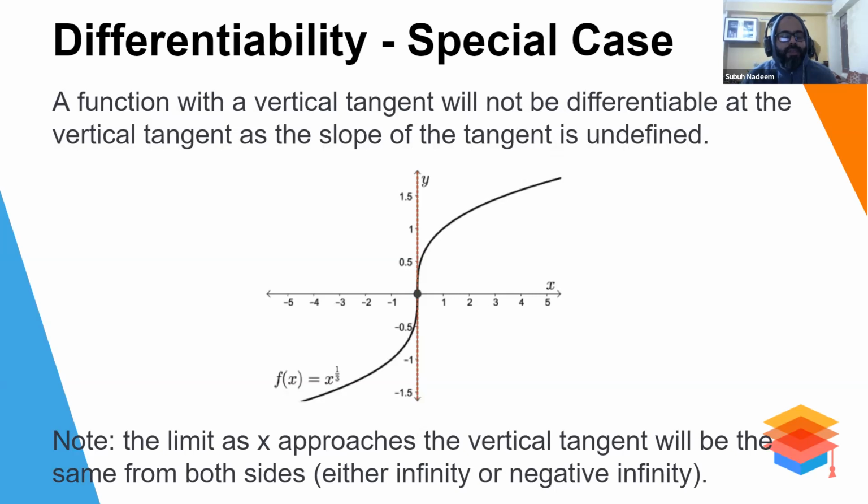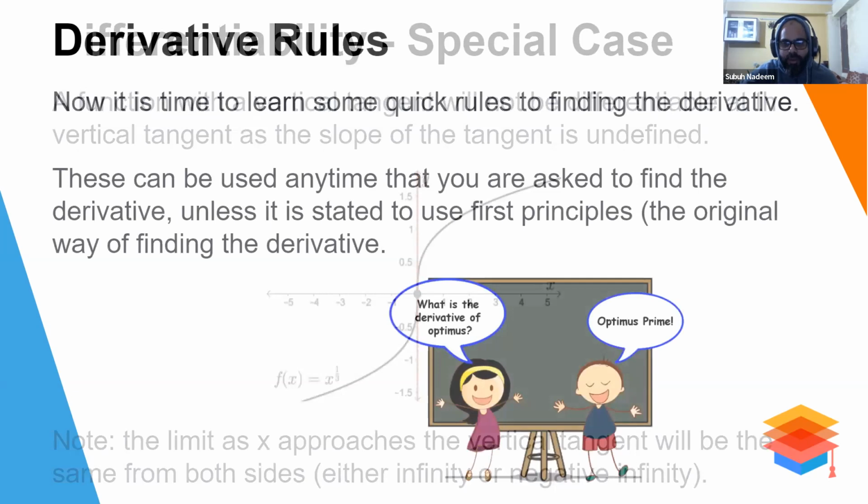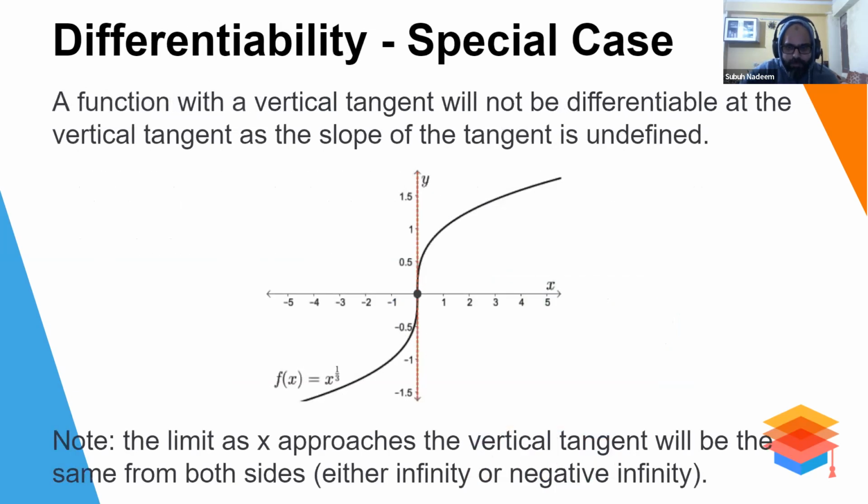Differentiability, a special case. A function with a vertical tangent will not be differentiable at the vertical tangent as the slope of the tangent is undefined. This is another case; this graph here is actually the cube root of x, as it is written there also.